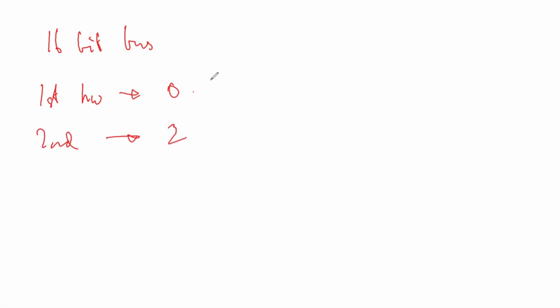So if we're going through addresses in memory, when we have a 16-bit bus, therefore we are addressing half words in memory. So each half word is going to be aligned to multiples of 2. So the first half word will start at 0, and the second at 2, because each is going to take up 2 bytes.